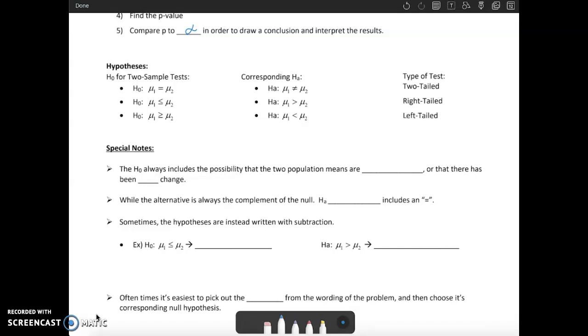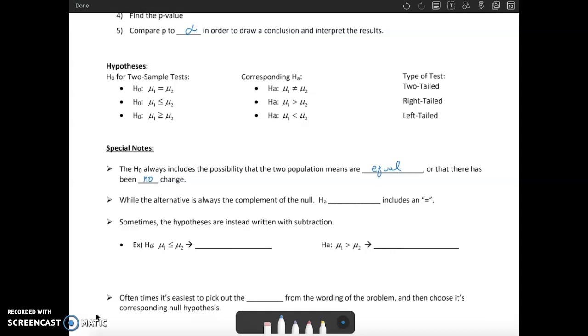So we are either saying we assume that the two population means are exactly the same, equal to each other, or less than or equal to each other, or greater than or equal to each other. So I'm going to go down to these special notes to talk about that right now. Again, right there it says the H sub naught always includes the possibility that the two population means are equal, or that there has been no change.